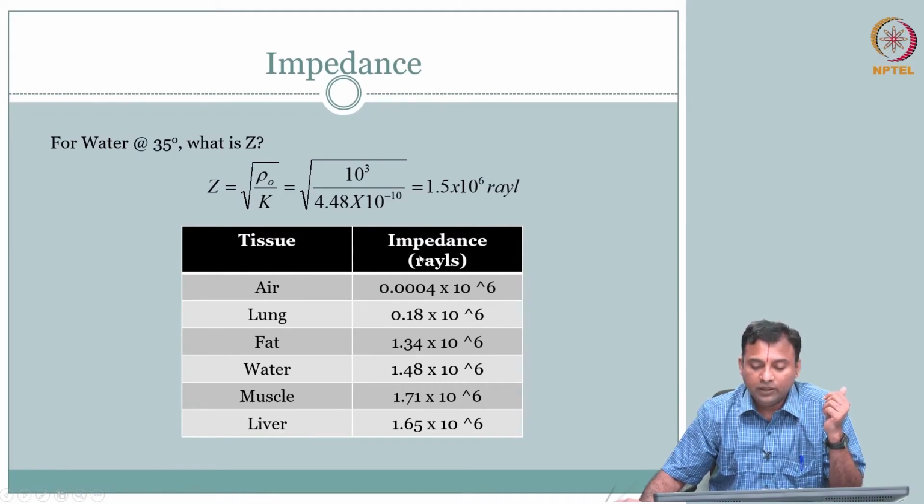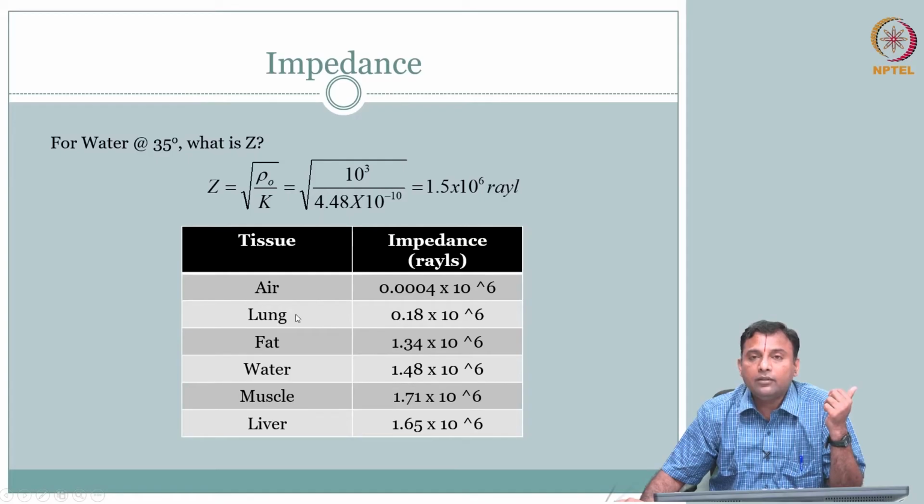It turns out that apart from these two, fat, water, muscle, liver, all of them are about similar. Second decimal, first decimal changes, 10 power 6. So very small difference between the different materials. What is completely different? Air, orders of magnitude difference.